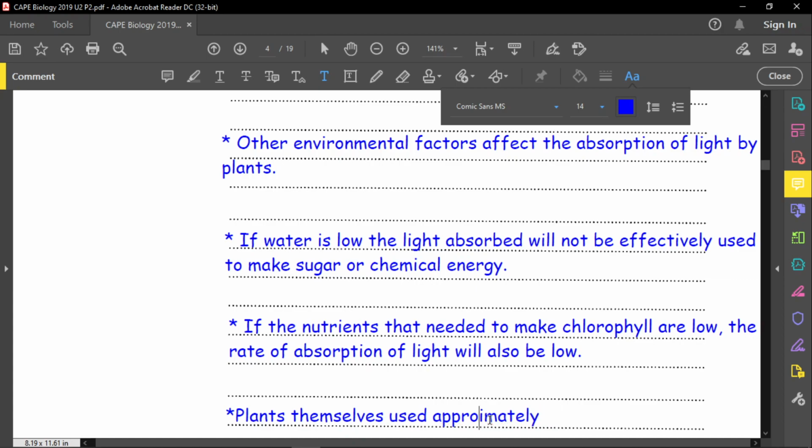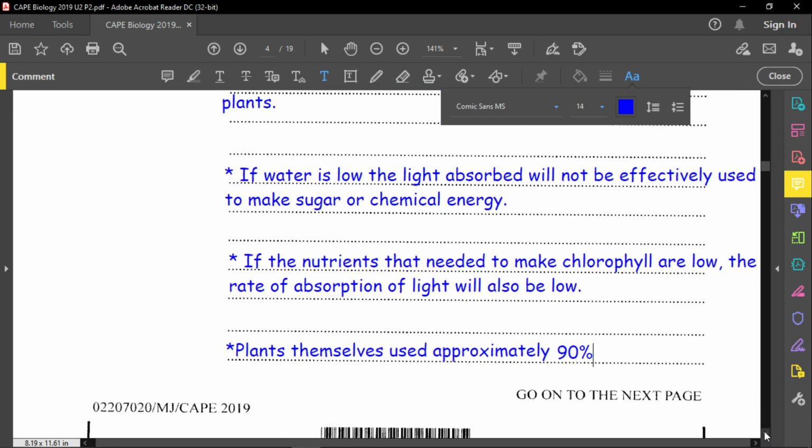Oh, wow. Mistake. All right, good. Use approximately 90%. I'm going to say 90% because remember the 10% transfer of energy, the rule about 10% energy being transferred. So plants themselves use approximately 90% of the energy they absorbed.